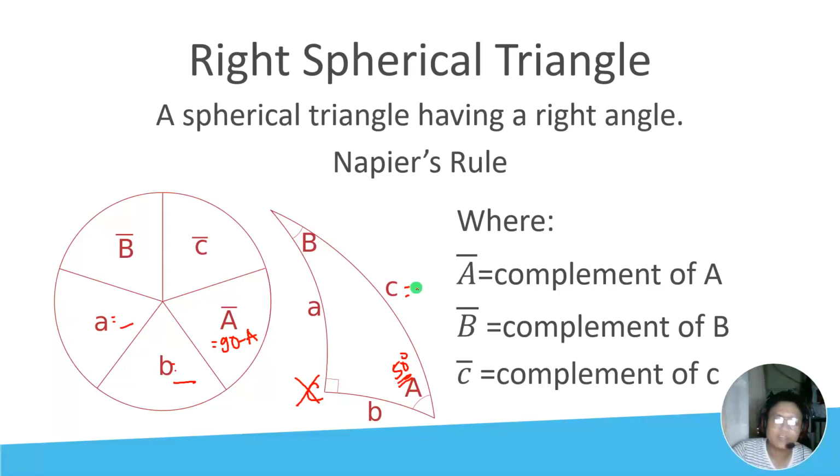Same here, if I have a value for this side C of 30 degrees, I need to determine the complement of this side. Therefore, bar C is 90 minus side C, or 90 minus 30 degrees. Same here for bar B, 90 minus the given angle B. So, how do we use this figure in solving a right spherical triangle?